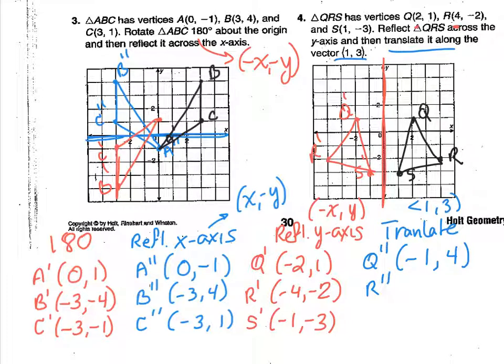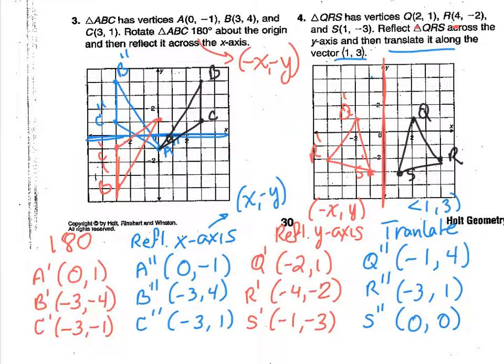R double prime. Okay, so what is negative 4 plus 1? Negative 3. What about negative 2 plus 3? That would be 1. And then S double prime. What is negative 1 and 1? 0. And what is negative 3 and 3? That would be 0.